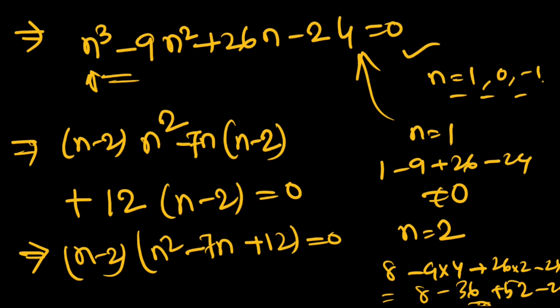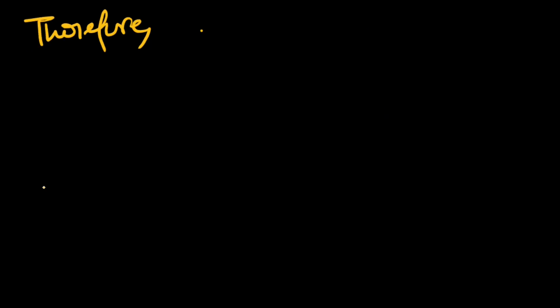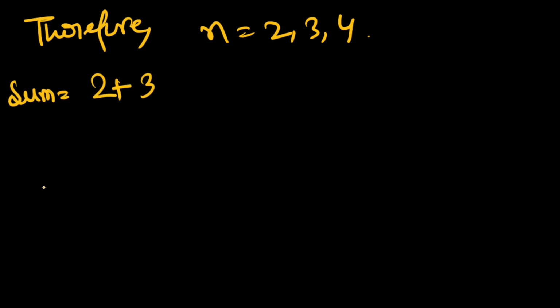So we get a product of n minus 2, a linear factor, and a quadratic, which we can break easily: n minus 2, n minus 3, n minus 4 is equal to 0. Therefore the values of n are 2, 3 and 4, and the question asks us to find all the values of n and sum them. So the sum is 2 plus 3 plus 4, that is actually 9.